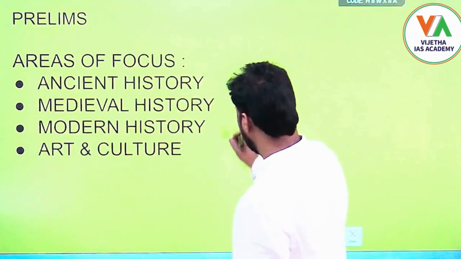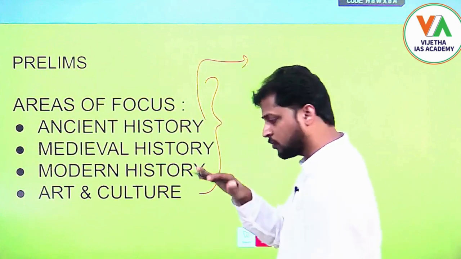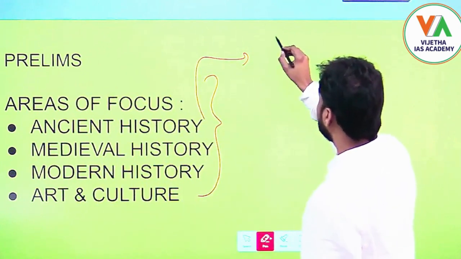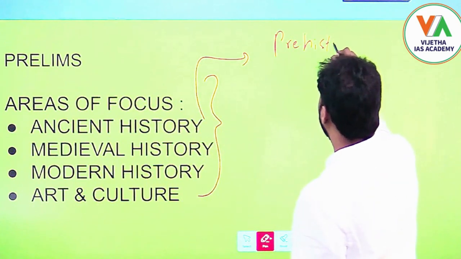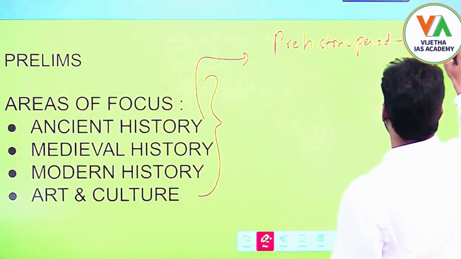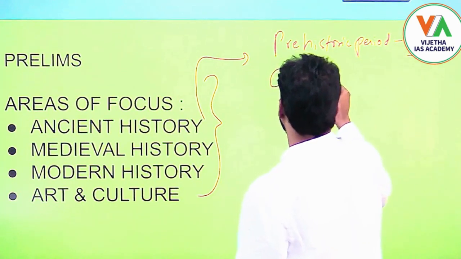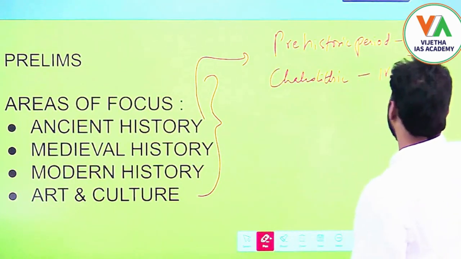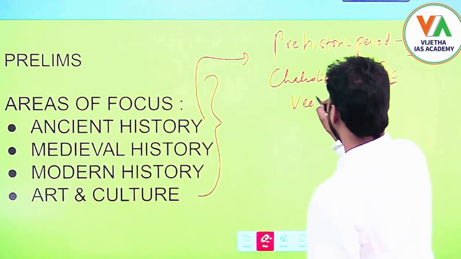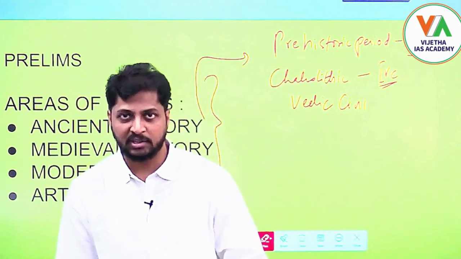See, particularly if you take ancient history, here the focus areas must be very few areas, that is the prehistoric period. In that also we have to focus more on the Neolithic age, right? Then after coming to the Chalcolithic ages, we will focus on Vedic civilization, which includes early Vedic India as well as later Vedic India, right?